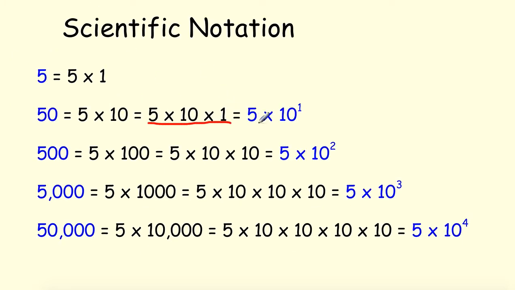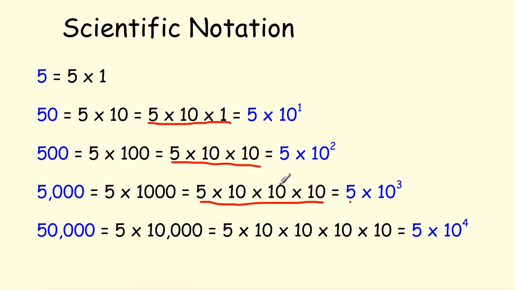This can be written as 5 times 10 to the first power. The next one, 5 times 10 times 10, well, 10 times 10 is the same as 10 squared, or 10 to the second power, which is 100. So 5 times 10 squared is in fact 500. The next one, 5 times 10 times 10 times 10, we said was 5,000. Well, there's our 5.